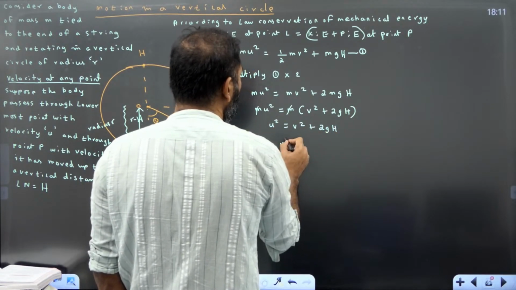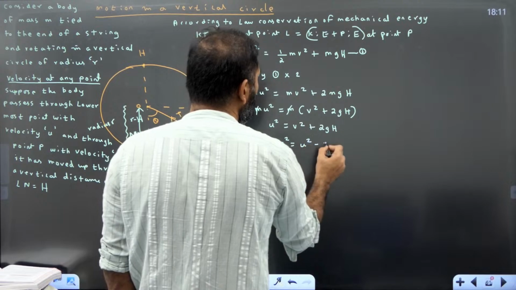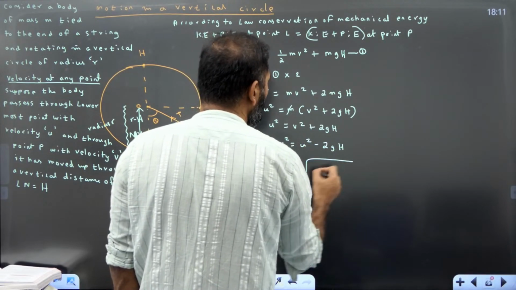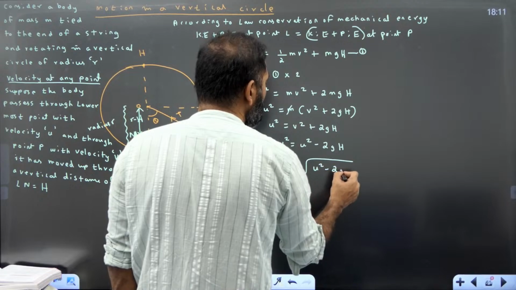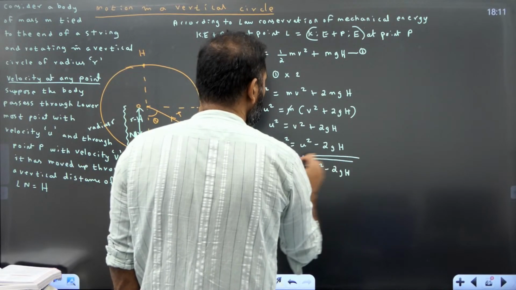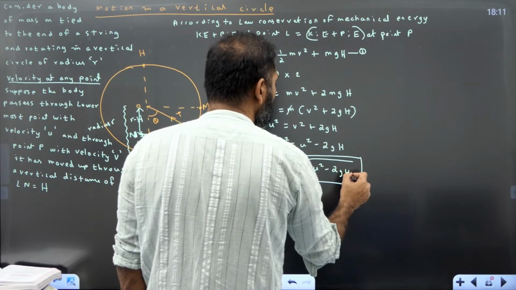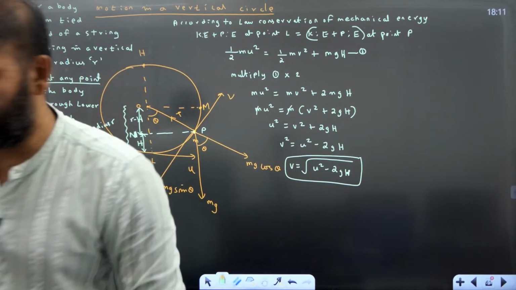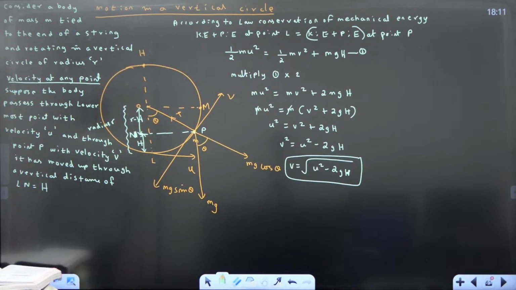That means v square equal to u square minus 2gH. That means v is equal to root of u square minus 2gH. This is the equation for velocity at any point in motion in a vertical circle.